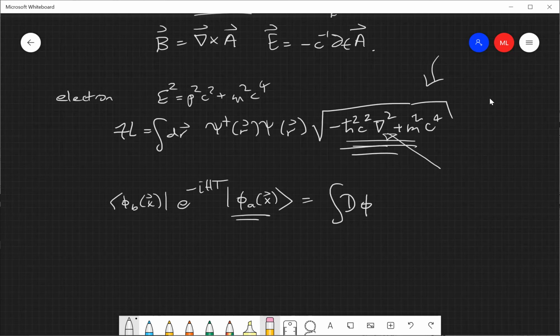And in here, it's still the action, and you'd have to integrate over both time and space. But it's the integral of some Lagrangian, where now this Lagrangian is a function of the fields.